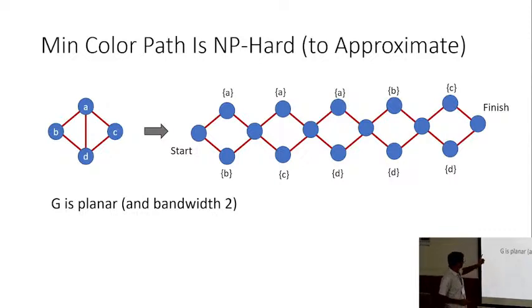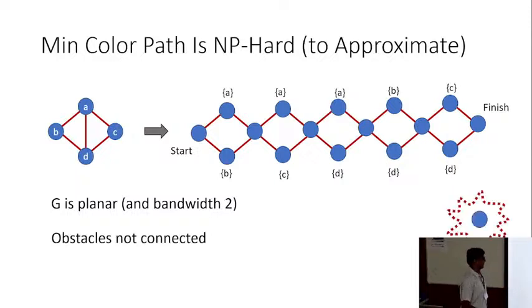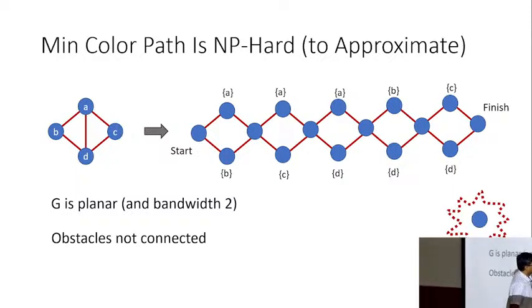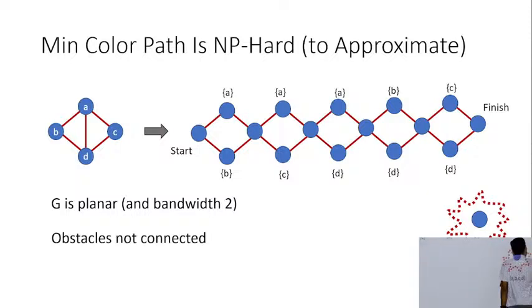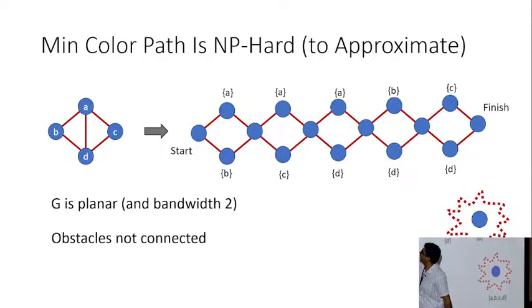But as I said, the problem is obstacles are not connected. But we can just simply add one vertex, give it a color set A, B, C, D, and make it universal to everybody, like B, A, C, all these vertices.